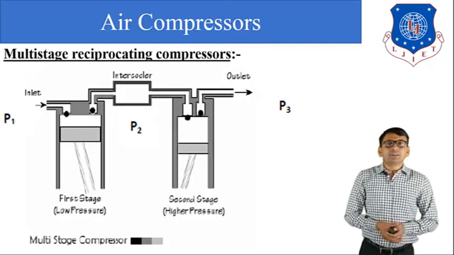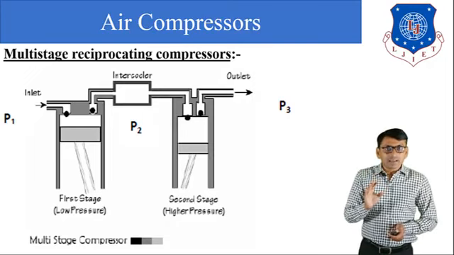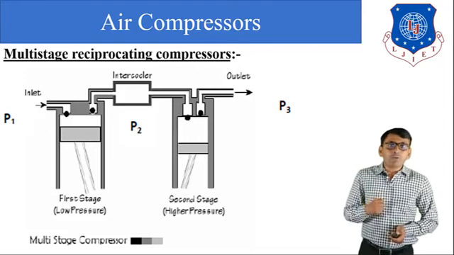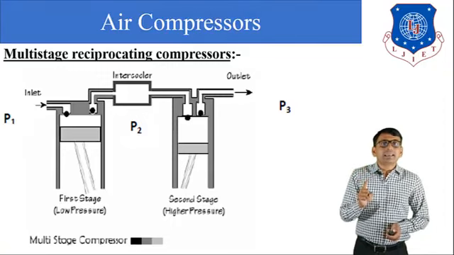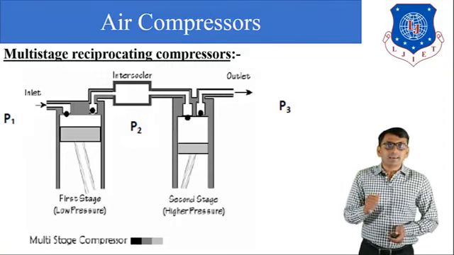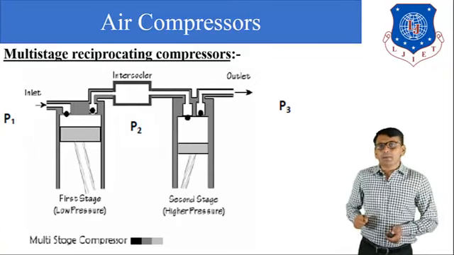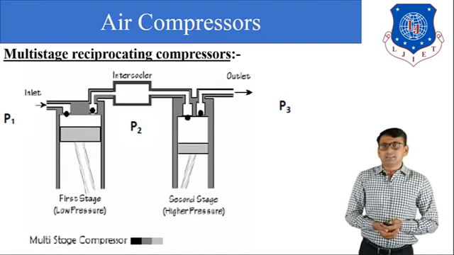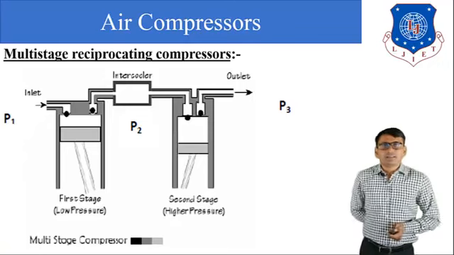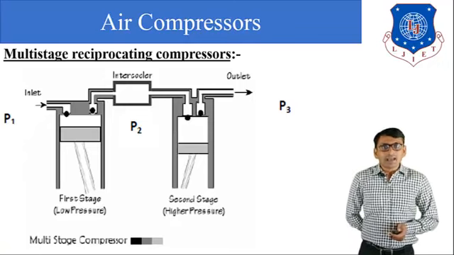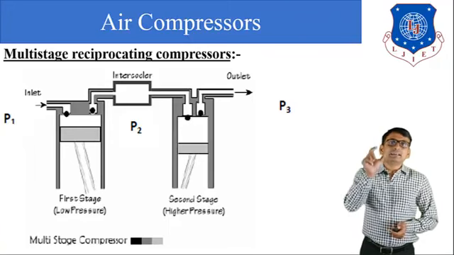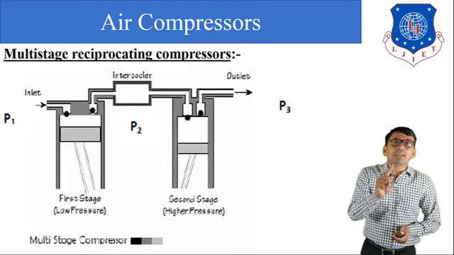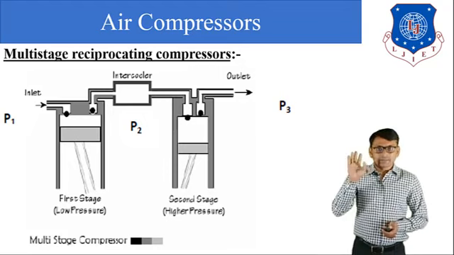Now this air is transferred into the high pressure cylinder, where it is compressed again to pressure P3, and this compressed air is transferred to the particular application by the outlet pipe. So this is a two-stage reciprocating compressor, and in between the two cylinders there is an intercooler which reduces temperature and volume of air at constant pressure.